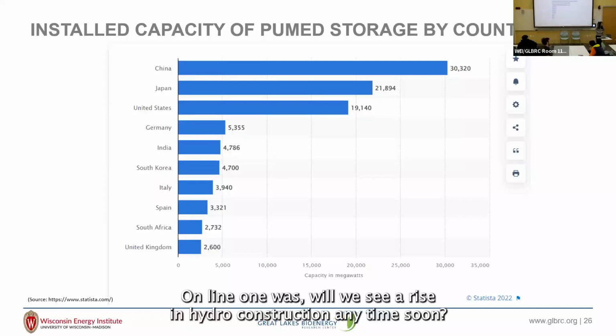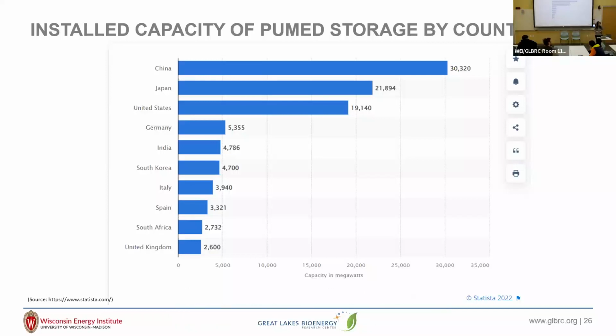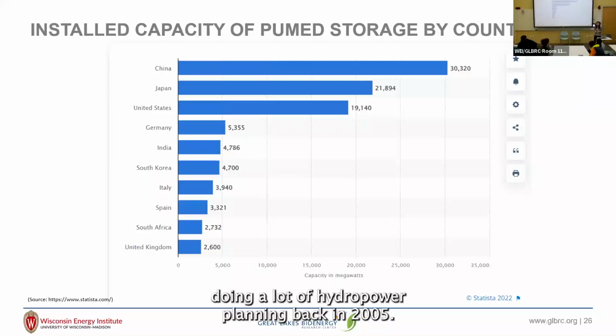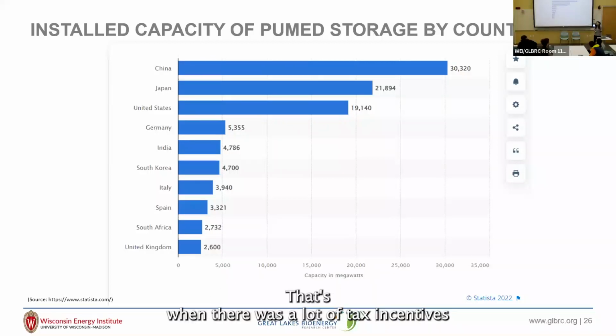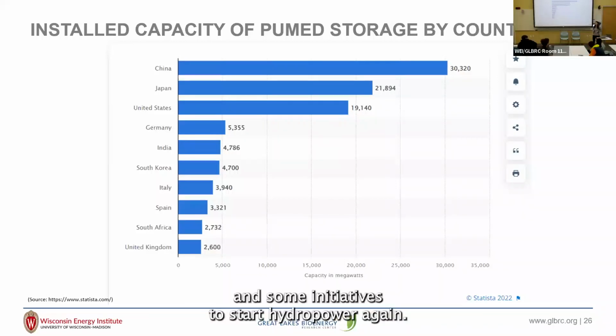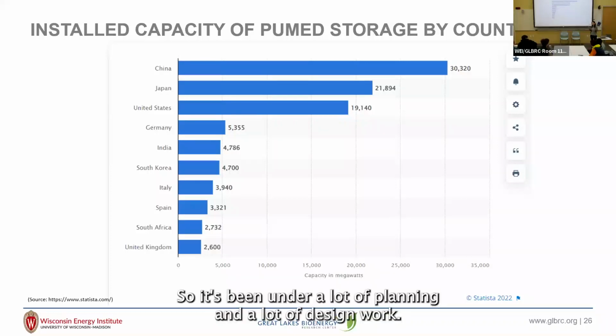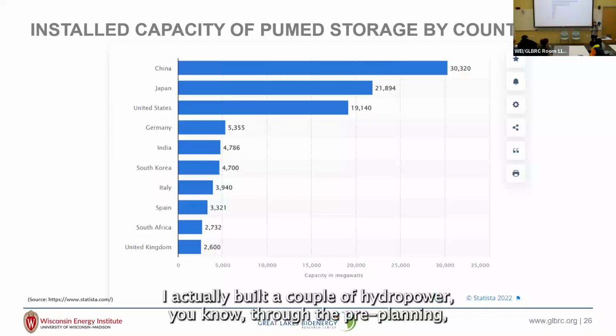One was, will we see a rise in hydro construction anytime soon? I wish and I hope that happens. I started actively doing a lot of hydropower planning back in 2005. That's when there were a lot of tax incentives and some initiatives to start hydropower again. So it's been under a lot of planning and design work. Kim and I actually built a couple of hydropower projects, through the pre-planning, through construction.